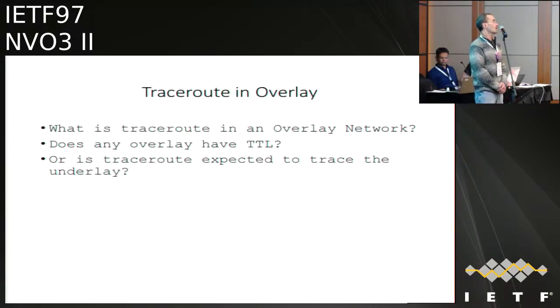In the case of BIER, which talks about intermediate bit forwarding routers, BFRs, it clearly identifies the need for traceroute. But what's interesting is whether traceroute in an NVO3 overlay presents a scenario that needs to be addressed. And again, this is just an invitation to discussion.